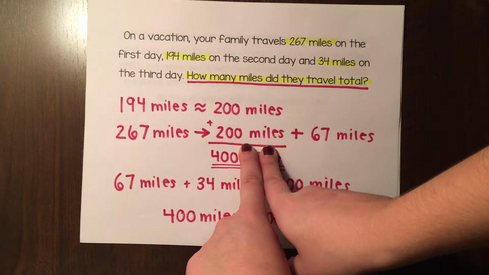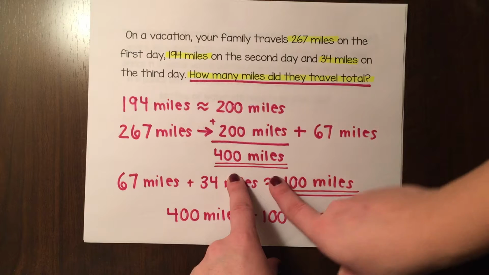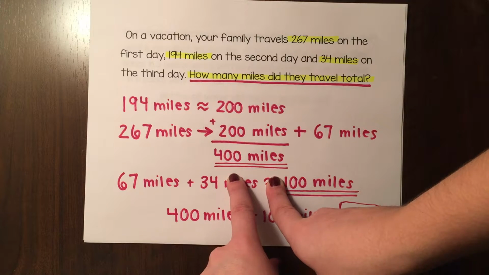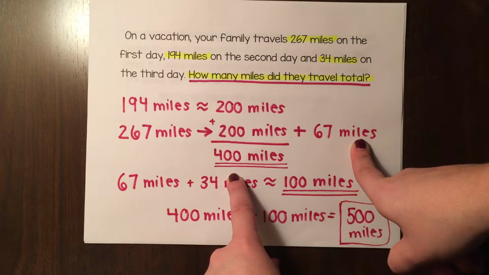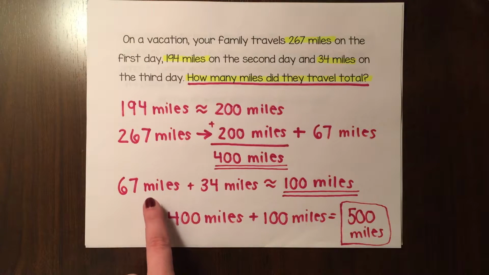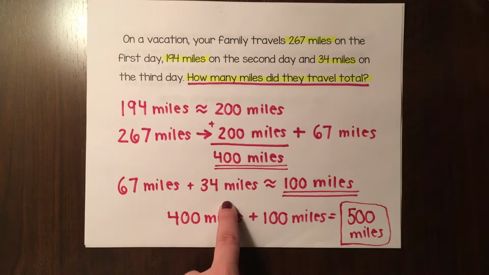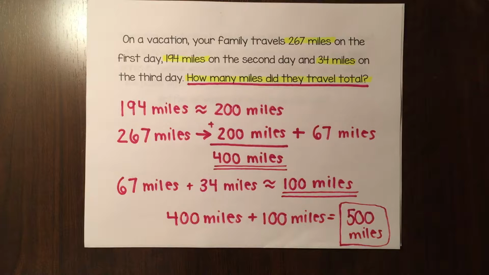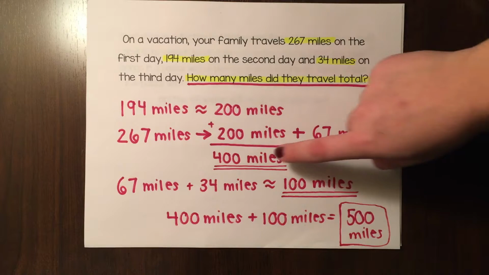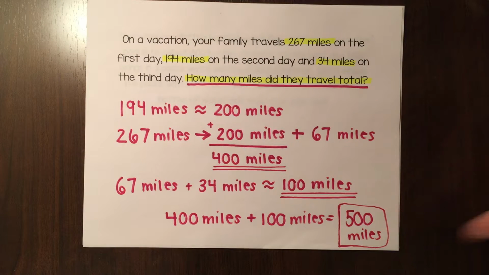Taking our 200 and adding it to our estimation from the first number, we get about 400 miles. However, we still have the leftover 67, so we'll drag that down here. We have the 67 miles plus the last 34 miles they traveled on the third day, which together equals about 100 miles. Adding together our 400 miles and our 100 miles gives us an estimation of a total of about 500 miles.